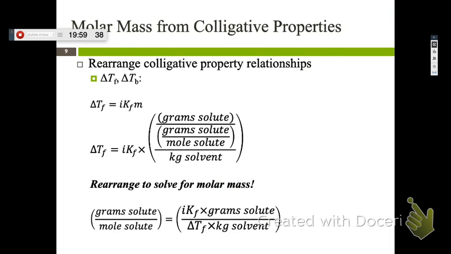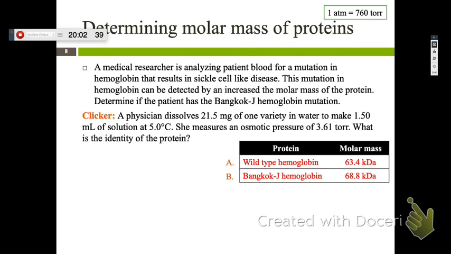So let's talk through. I want you guys to take the change in, let's say, freezing point equation. Go ahead and write out that equation, and then we're going to unpack the units to show how we can find the molar mass if we had the change in freezing point and enough known.